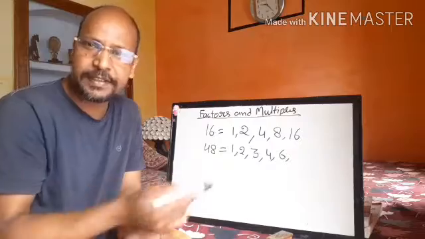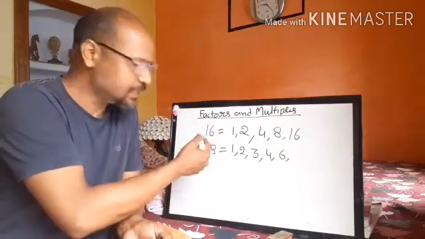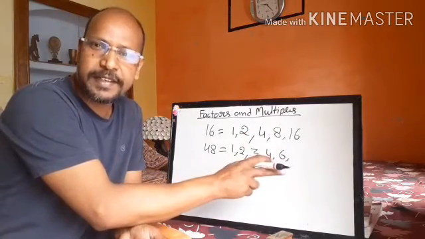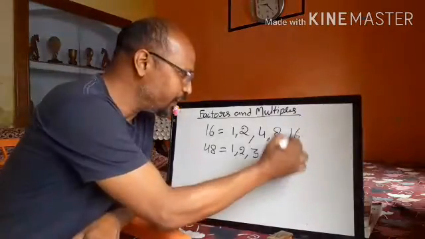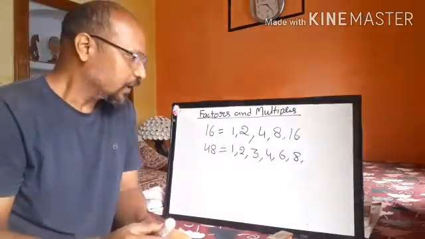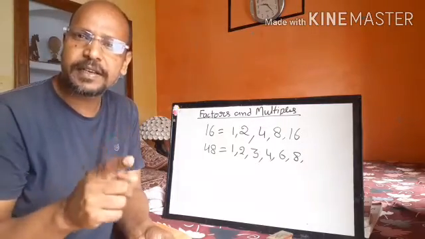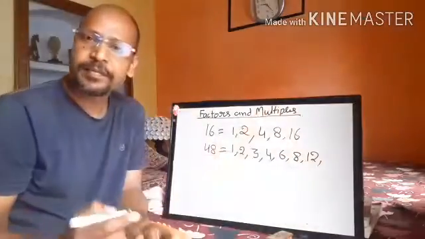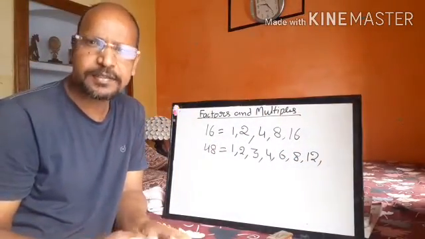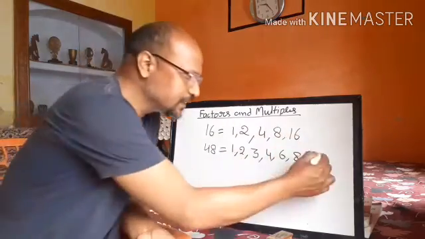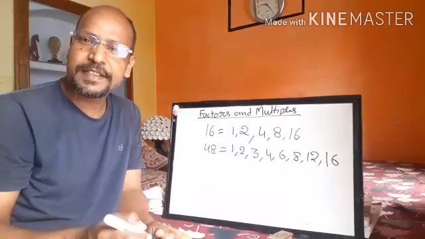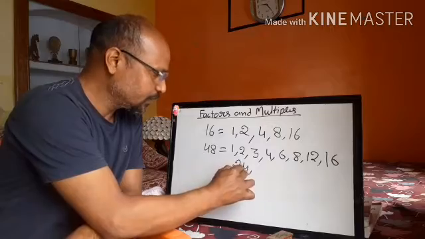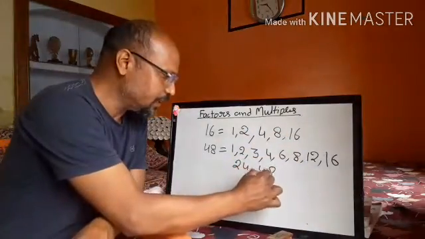Try to find the numbers by which this 48 is divisible after 6. 7, no, 8, yes. Now after 8, 9, 10, 11, 12, yes. 13, 14, 15, 16, yes. 17, 18, 19, 24. And after that it is 48 itself.